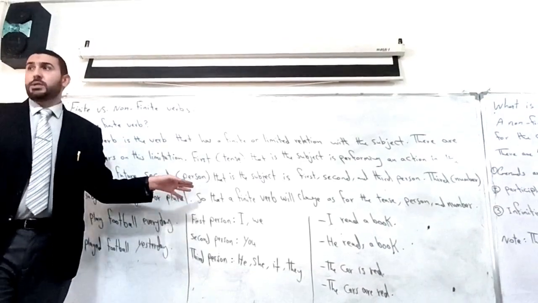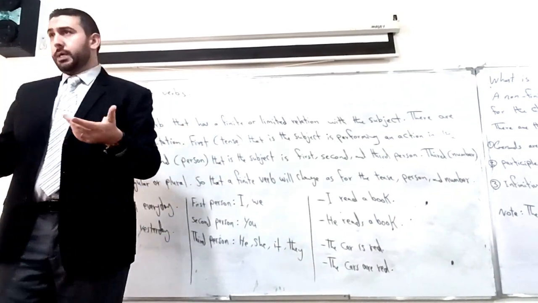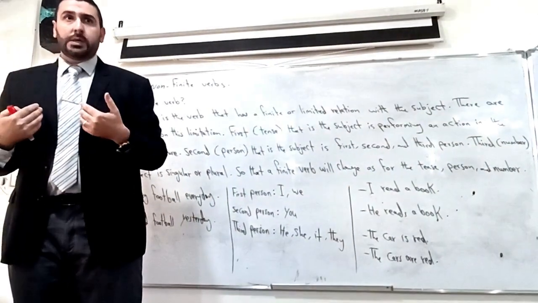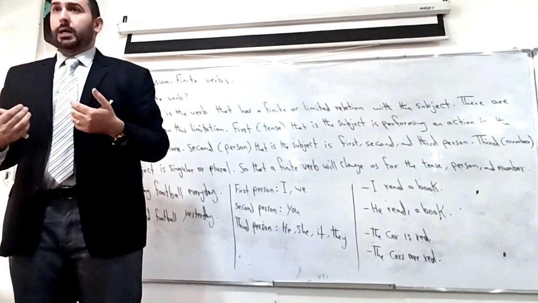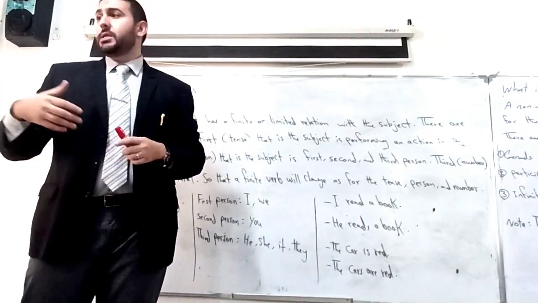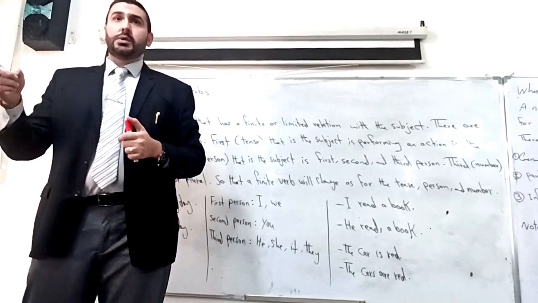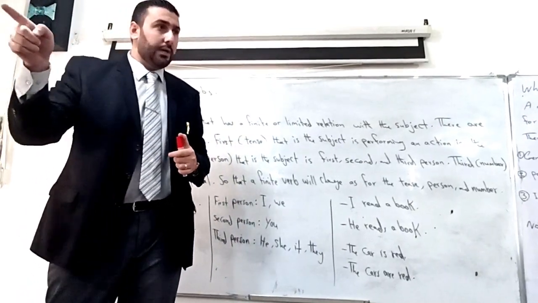So we have three kinds of persons. We have the first person, who is the speaker. Now, I am the first person, I'm talking to you. And we have the second person, the listener. So when I address any one of you, I'm going to say you. So you, the second person.